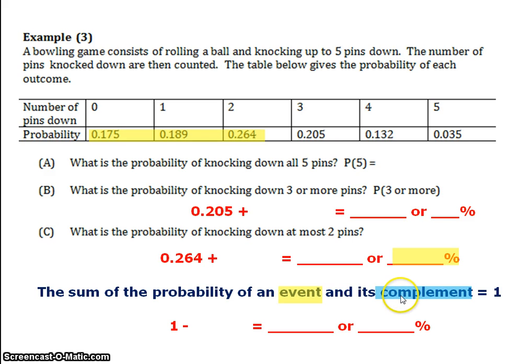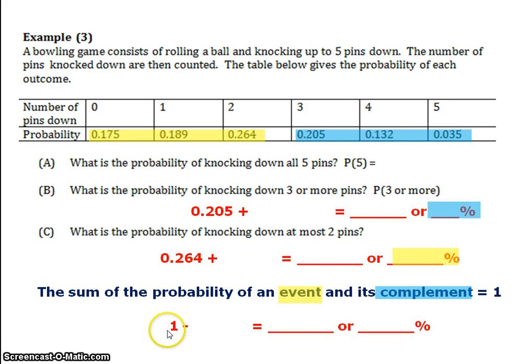The complement of this event is everything else, which would be 3 pins, 4 pins, and 5 pins. Now, if you look up here, everything is highlighted, which means all possible outcomes are highlighted. Together, the blue and the yellow have to equal 1. So, that complement is already calculated right here.